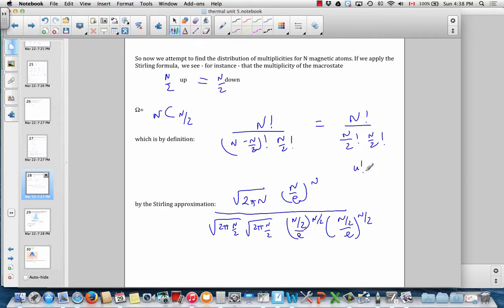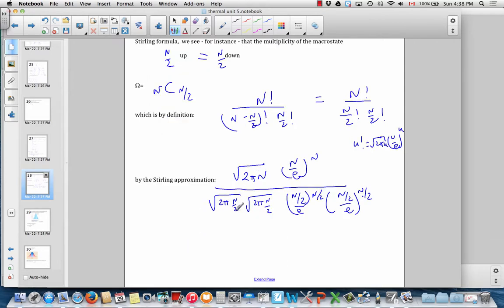Because remember, u factorial was root 2 pi u, and then it's u over e all to the u. So I just put n over 2 into there. So that's why it's n over 2 to the power of n over 2. All right, so we can do some simplification here.